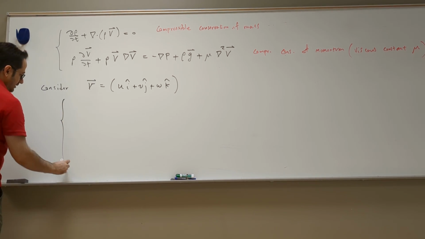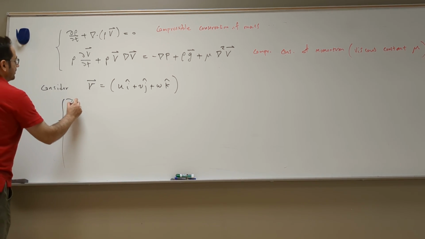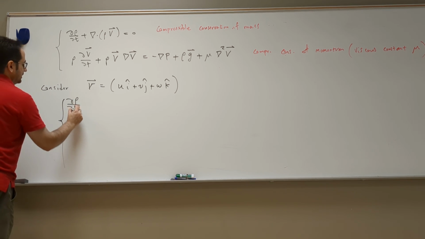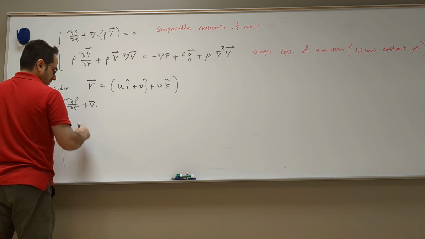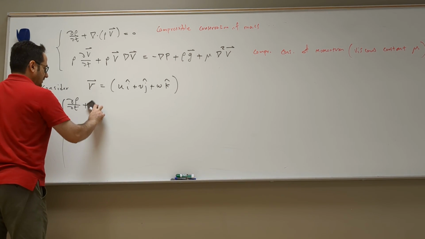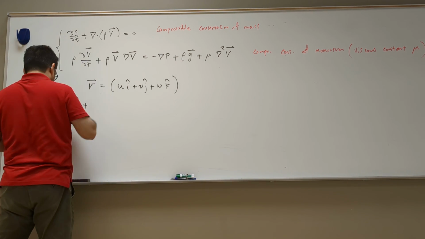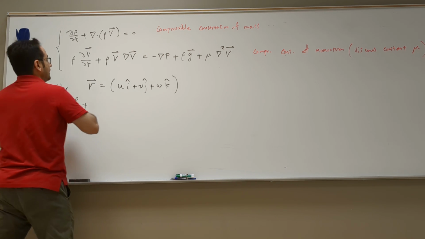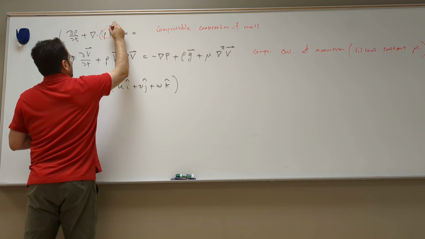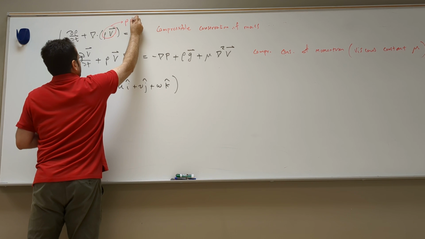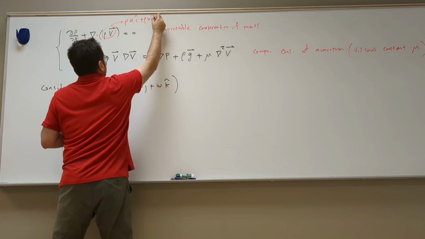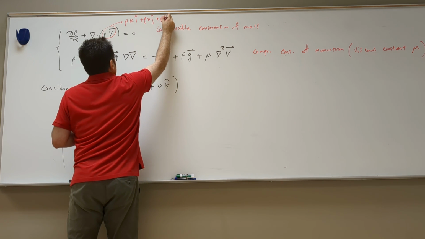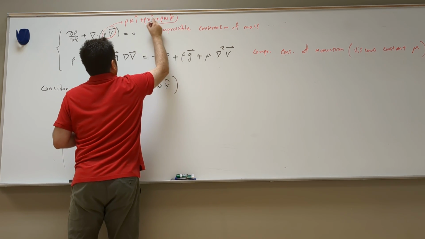Can you write it? So ∂ρ/∂t plus divergence. If you expand this divergence, instead of v, substitute: ρv gives ρu i plus ρv j plus ρw k.